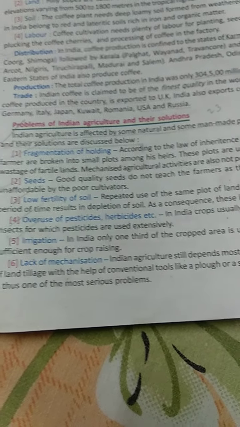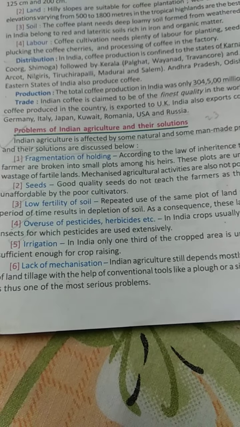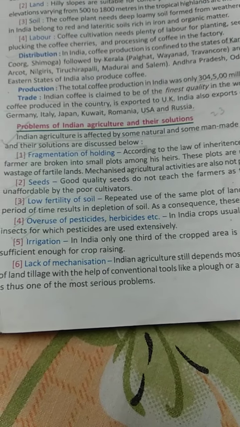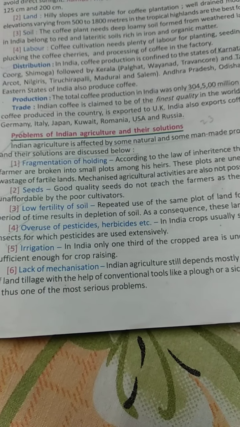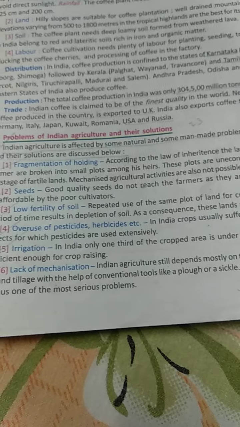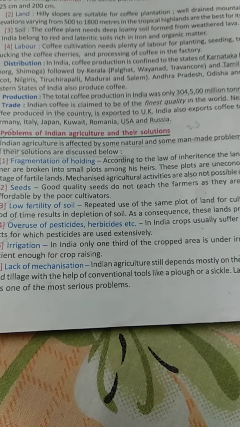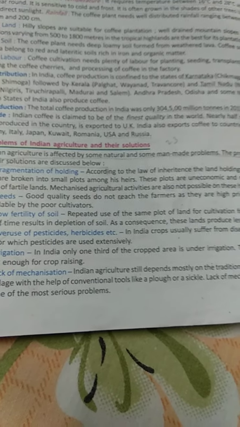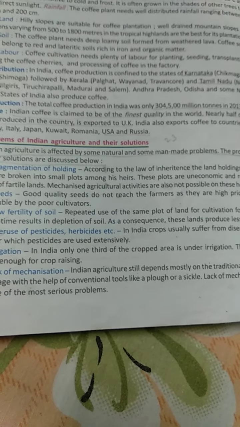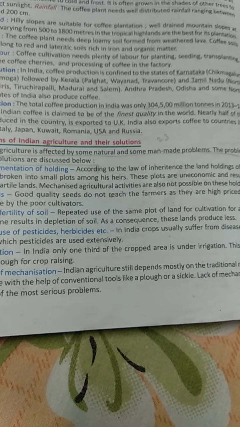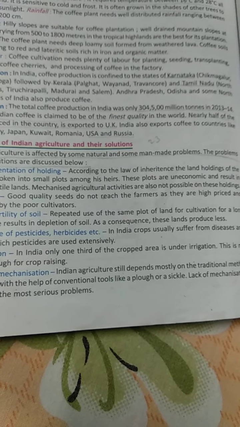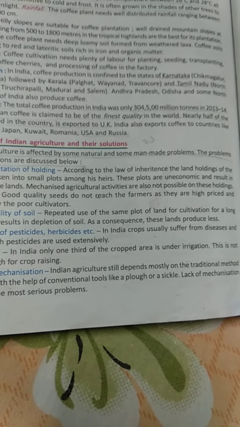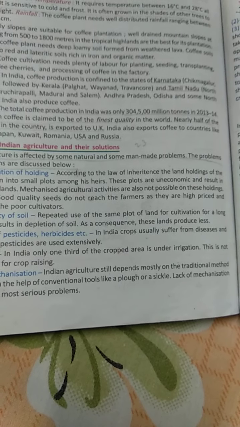Lack of mechanization. As I told earlier, our land is being distributed among the family, and when it becomes small pieces, mechanization is not possible. Machines cannot be used. They have to work with conventional tools like the plow and sickle, and due to this serious problems occur.